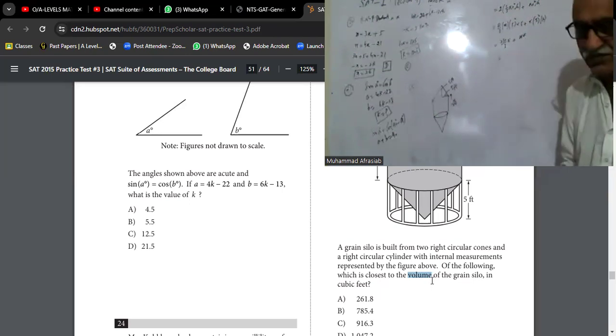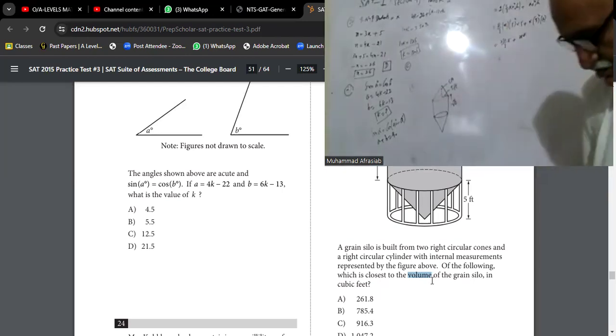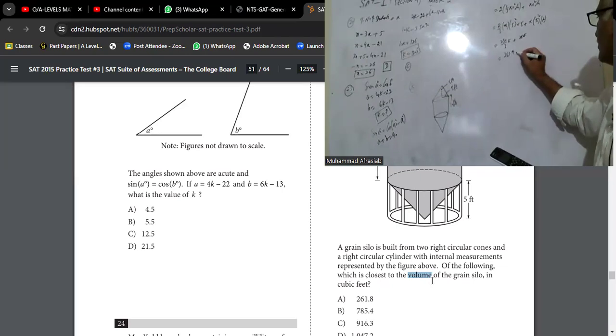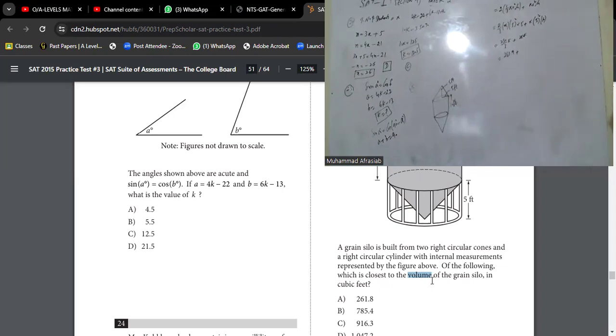So that value is equal to 261.9 plus 785.7.